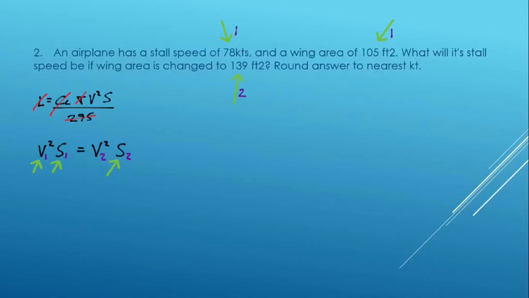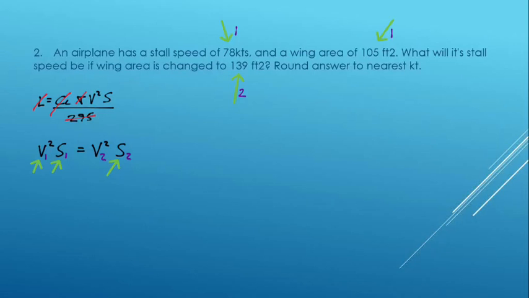So now I have two conditions that have to be equal. I've labeled them: the velocity squared of condition 1, which is the original condition, stall speed of 78 knots at a wing area of 105 square feet. The velocity squared of condition 1 times the surface area of condition 1 has to be equal to the velocity squared of condition 2 times the surface area of condition 2.